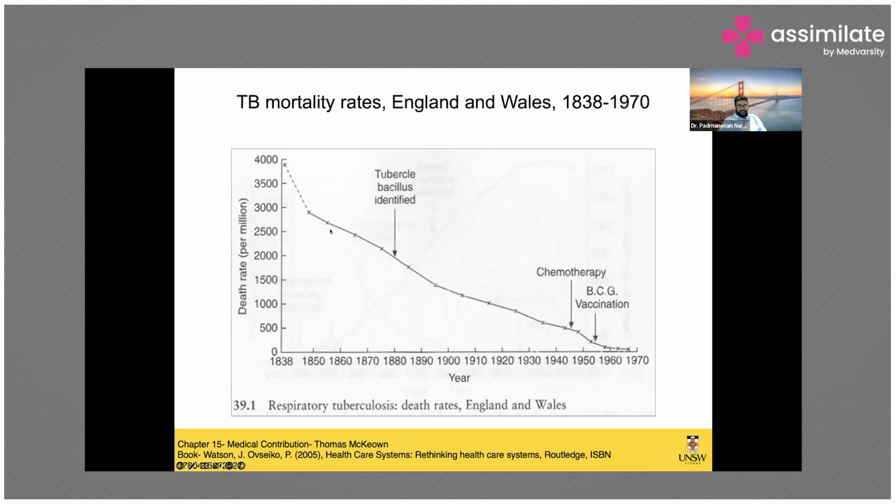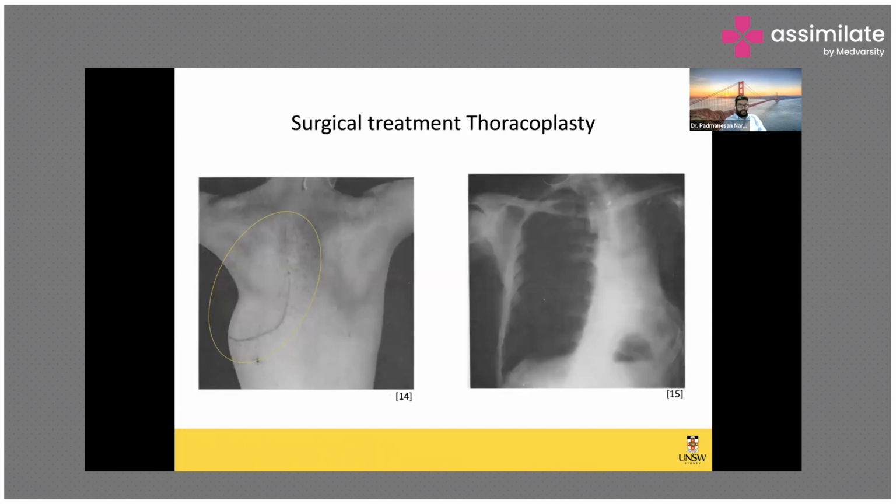The curve declines rapidly from 1850 to 1940, 50, 60. Only towards the end of this slide, around 1940, 50, drugs and vaccines were discovered. But even before that, there was a rapid decline in the number of TB deaths. This will be a part of the questionnaire. We will talk more about why this happened in the United Kingdom and what factors contributed to this. Now let's look at some of the treatment strategies.